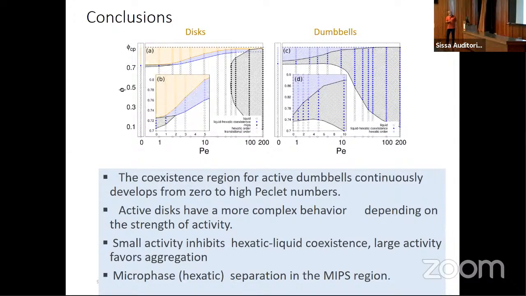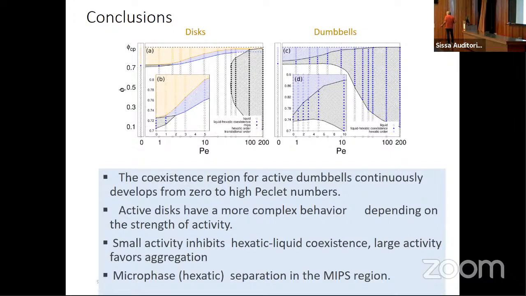Here there is a different feature with respect to the disks, in the sense that there is no interruption from the coexistence region at low Peclet, corresponding to the passive limit, to the one that corresponds to the mobility-induced phase separation.